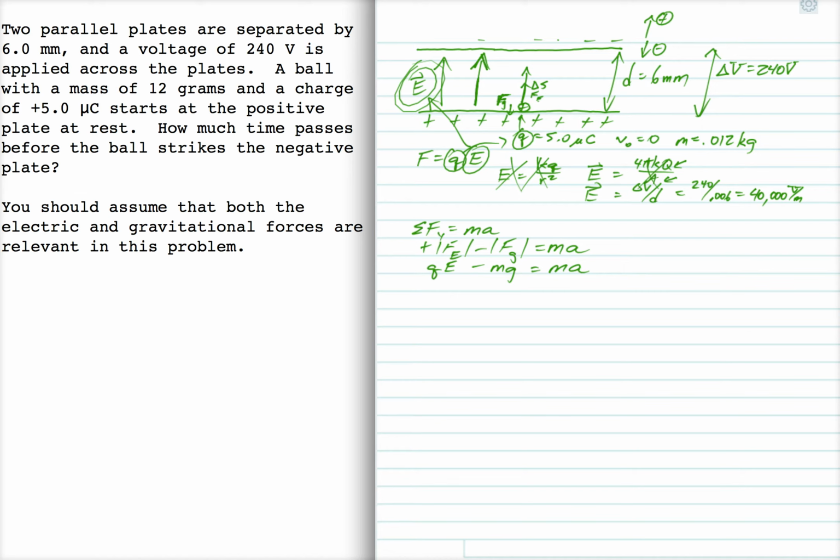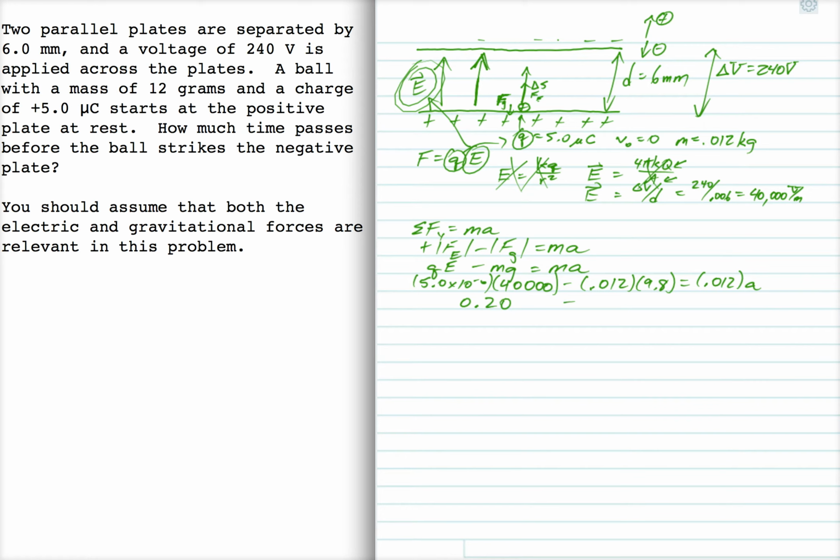So that's going to be 5 times 10 to the minus 6 multiplied by that electric field of 40,000. And then the mg term is 0.012 times 9.8. And that's going to equal 0.012 times the acceleration. So the electric force, 5 times 10 to the minus 6 multiplied by 40,000, I get 0.20.